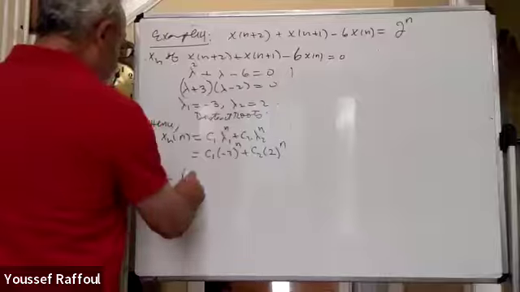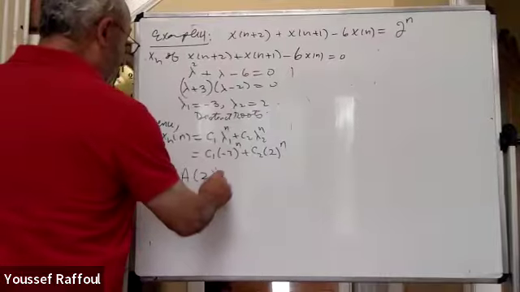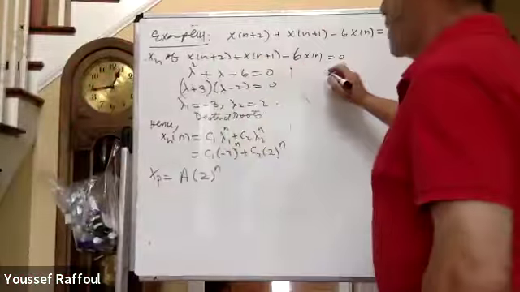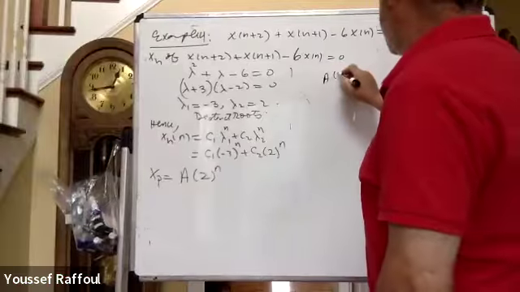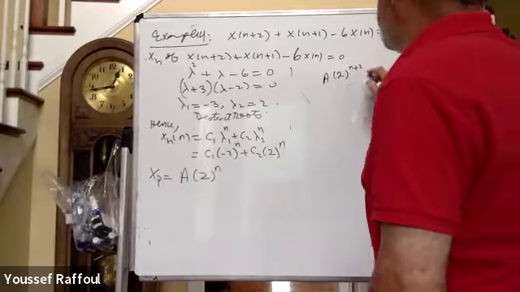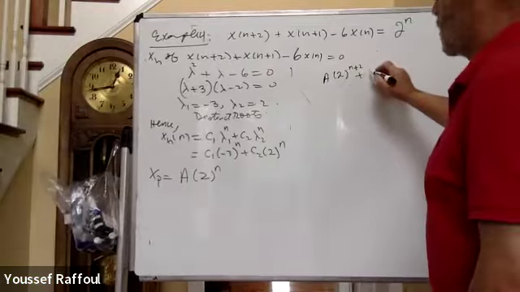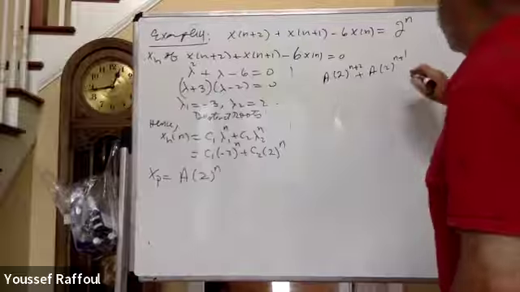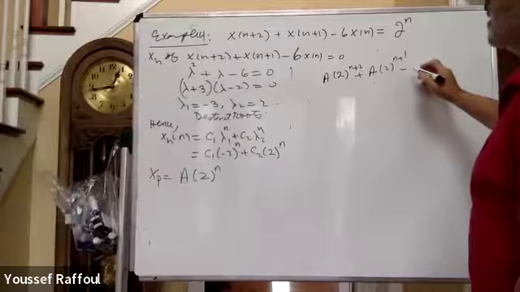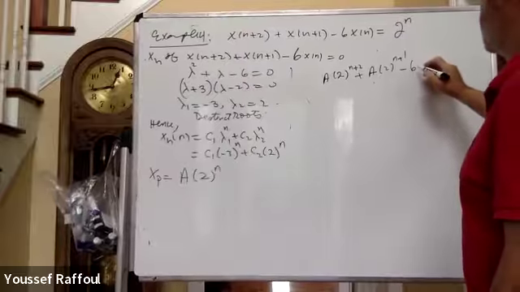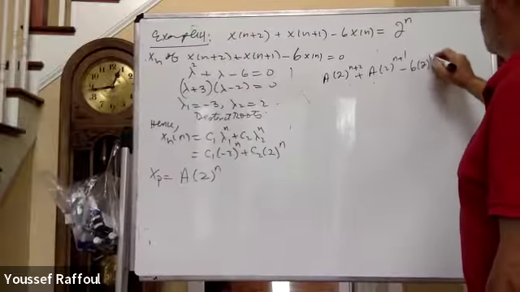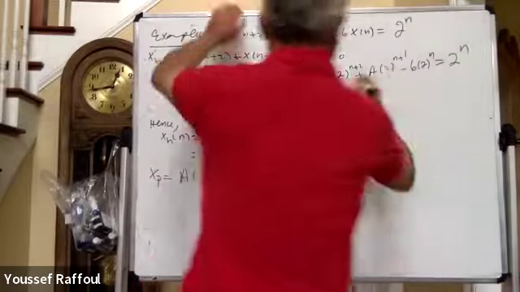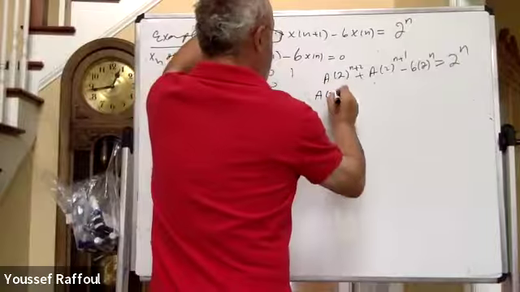All right, so let's assume it's a times 2 to the power n. And let's plug in. So you will have a·2^{n+2} plus a·2^{n+1} minus 6·a·2^n, equal to 2 to the power n. So let's factor 2 to the power n.